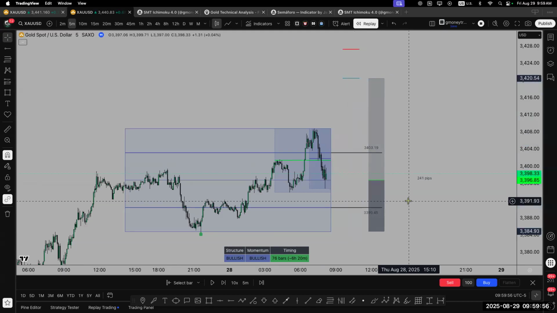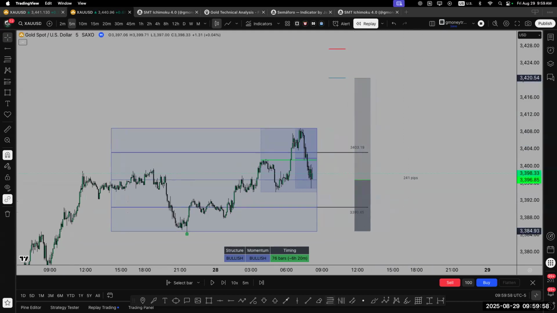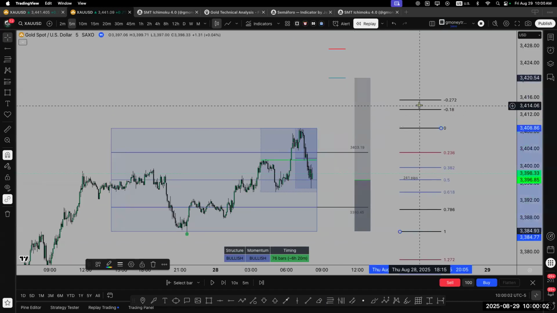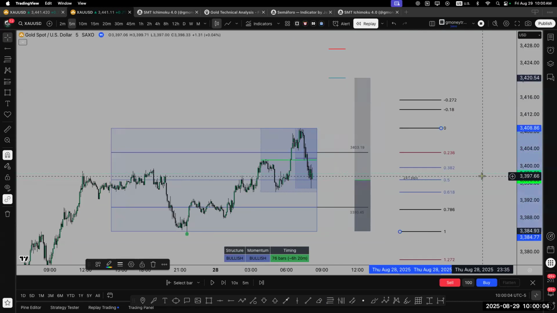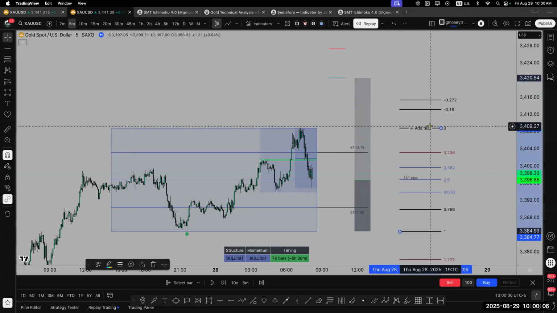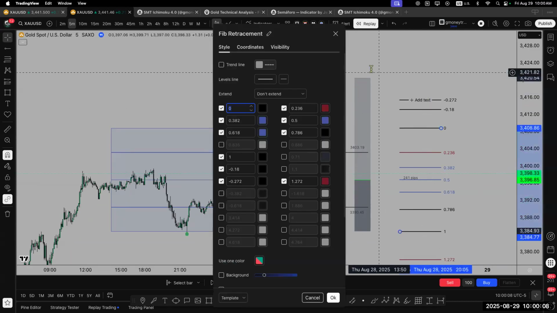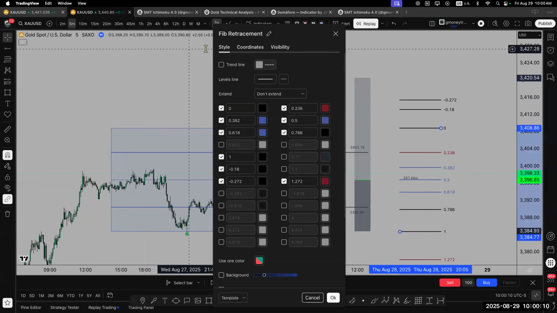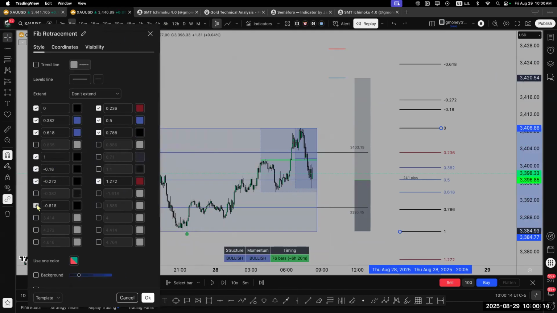But if you put a fib on that particular box, and if you get to the 618, add the negative 618 to that fib. Very close. Yeah, you can even go to the negative 382, which would probably be pretty close to that.